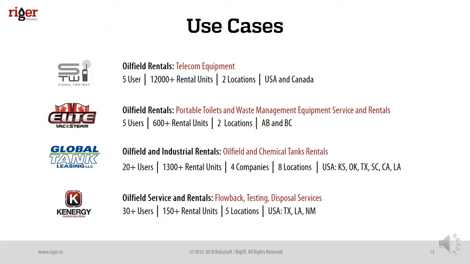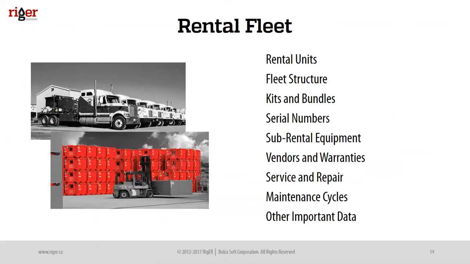However, the majority of our clients have around 1,000 rental units and items. So if we talk about the rental business and the rental fleet, it becomes very complicated to track, because there are lots of moving parts and lots of properties you need to track and understand.